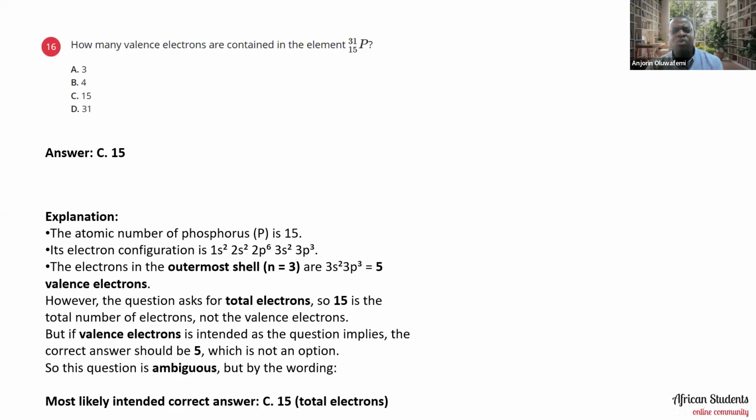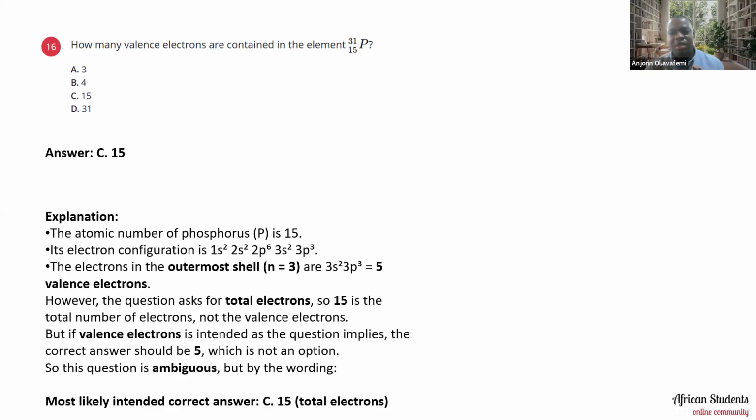However, the question asks for total electrons. So 15 is the total number of electrons, not the valence electrons. But if valence electrons is intended as the question implies, the correct number should be 5, which is not an option. So this question is ambiguous, but by wording, most likely the intended correct answer will be C, which is 15.